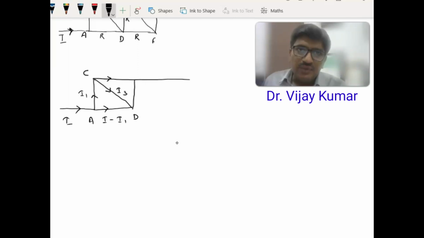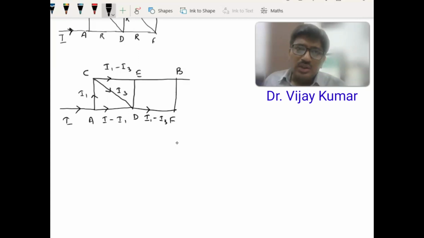So on this side it should be I1 minus I3. This point is B, this point is E, and this is F. CE is parallel to DF, so the current in this branch should be I1 minus I3.